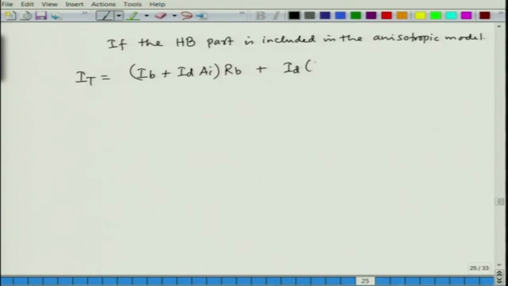Then I d 1 minus a I, this is the isotropic term we are writing. Up to this we have seen earlier, right. Now, for the horizon brightening, what we are doing? We are multiplying this whole thing by the correction factor.